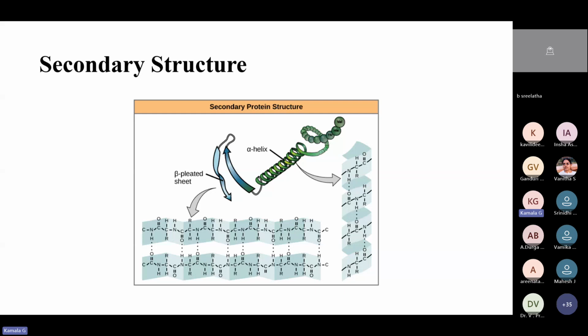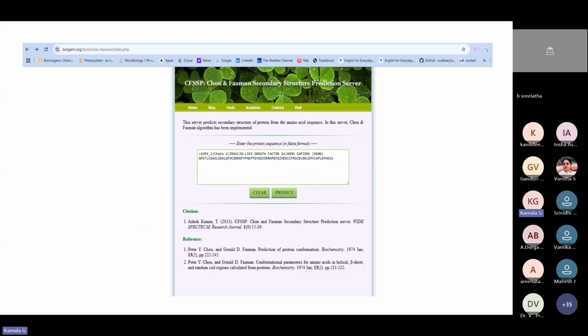Now, how to predict the secondary structures using online tools, right? Next, this is CFSSP, the Chou-Fasman Secondary Structure Prediction Server. Okay, this server predicts the secondary structure of protein from an amino acid sequence. So here the important thing is we should submit a FASTA formatted sequence only.